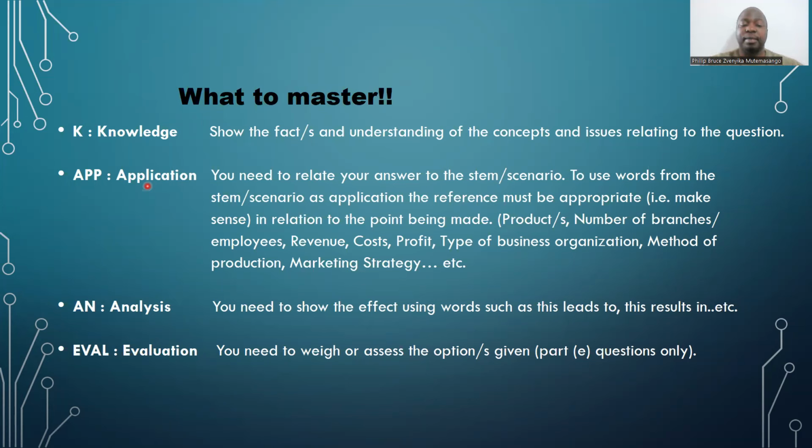Also identify the method of production they're using. Are they using job, batch, or flow production? Also identify their marketing strategy, if any, in that particular stem. And many more areas can be considered as application.